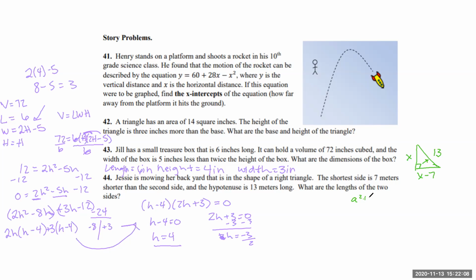So we have a squared plus b squared equals c squared. So this is going to be our a, our b, and our c. So x squared plus x minus 7 squared equals 13 squared.